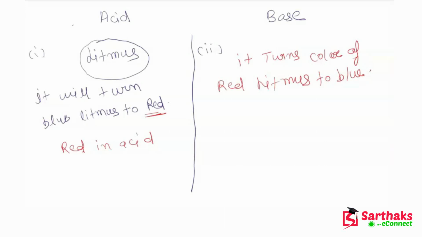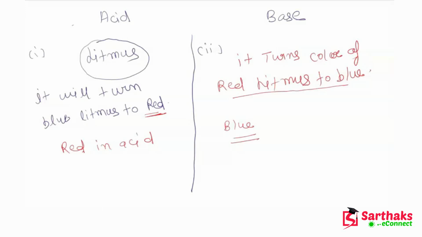But if I talk about base, base turns the color of red litmus to blue, but let's suppose you dip blue litmus into it, then what will happen? The color of the litmus will remain blue. So you do not need to be confused at this point. I hope these things are clear to you. Now let's talk about some more things as well.